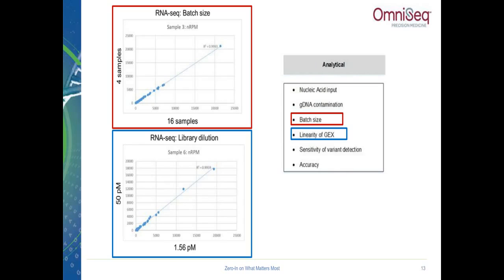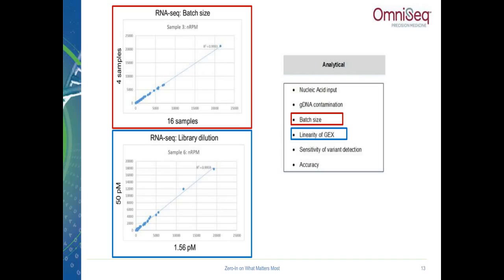It didn't matter how many samples you put in the assay because normalization corrected for the number of samples in the batch. So we're showing 1 sample here, and we're showing normalized reads per million, and on the x-axis we were showing it where it was run with 16 samples, and on the y-axis where it was run with 4 samples, and the concordance was quite good.